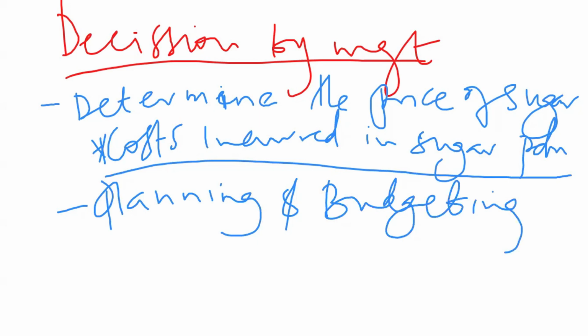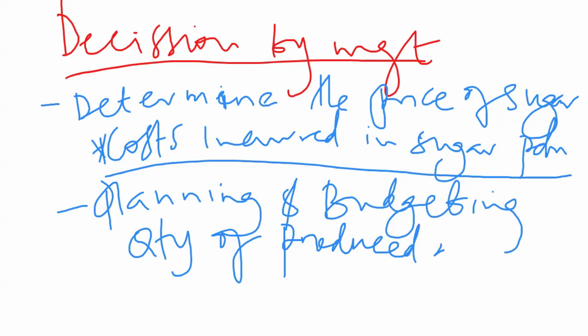Now, the management accountant may request the cost accountant to provide information relating to the quantity of sugar they have produced. For planning purposes, because you can base on these quantities to set stock levels. We shall look at stock levels later.